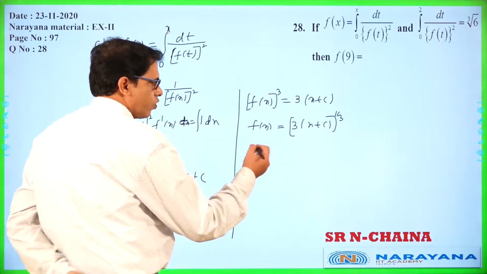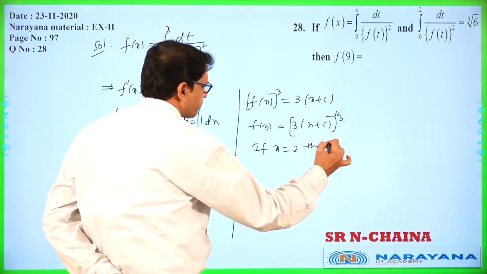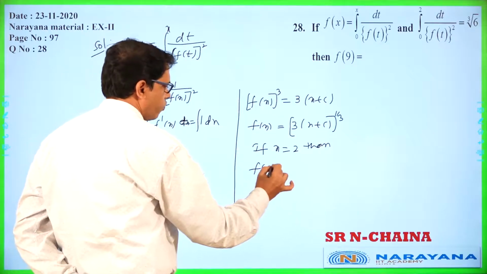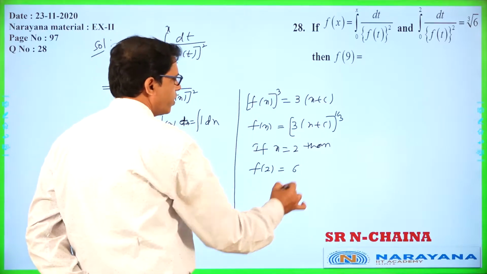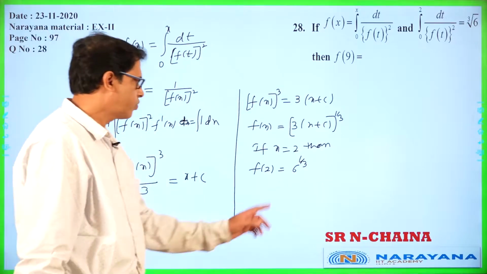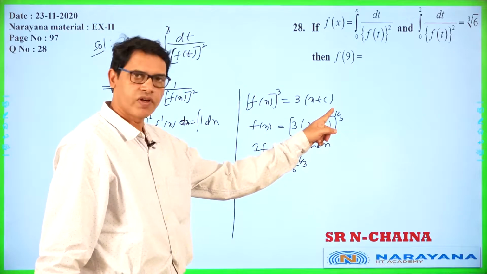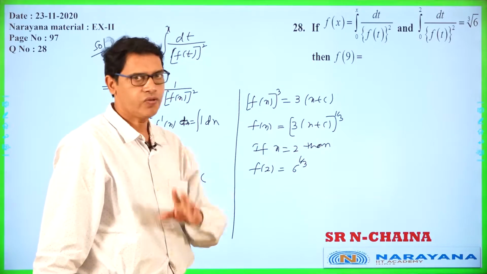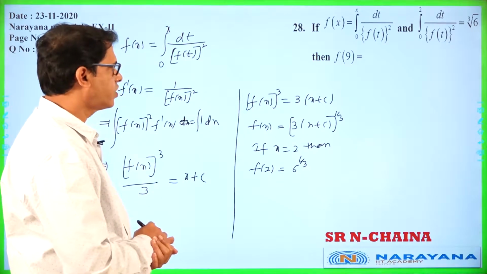So replacing here, 3 into 2, with 6 to the power 1 by 3, means c value must be 0.